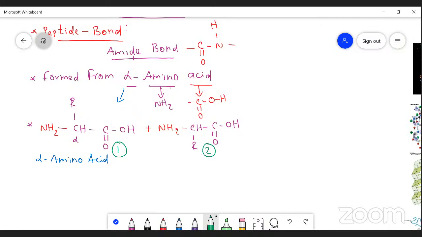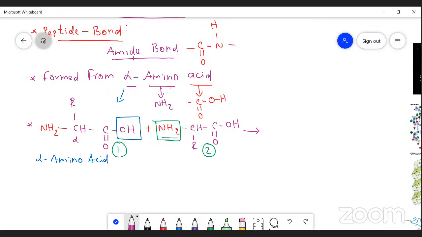How do they react? The NH2 group of one amino acid reacts with the COOH group of the other. The OH group of one amino acid reacts with a hydrogen of the other, leading to a peptide linkage.